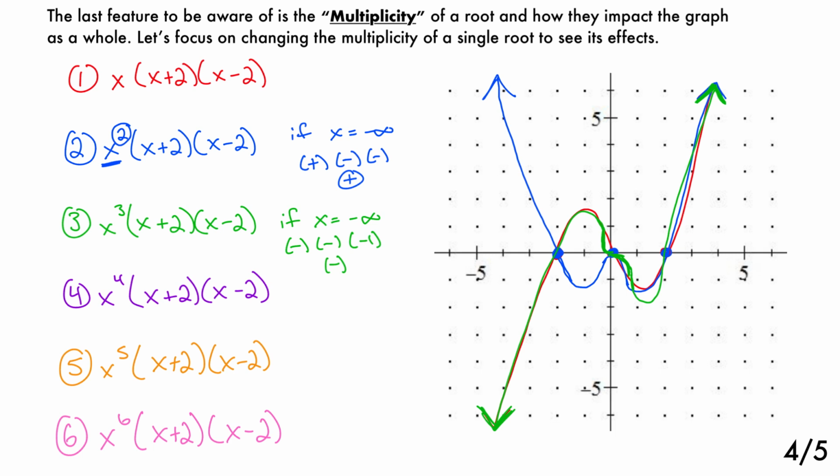For the purple function, now we have a multiplicity of 4. If x is equal to negative infinity, you would get a negative number to the 4th power, which is positive. Then this would be negative, this would be negative, which produces a positive.